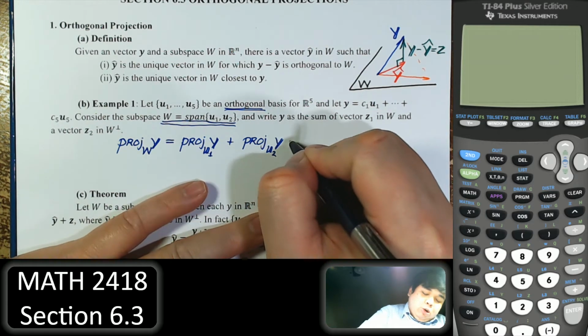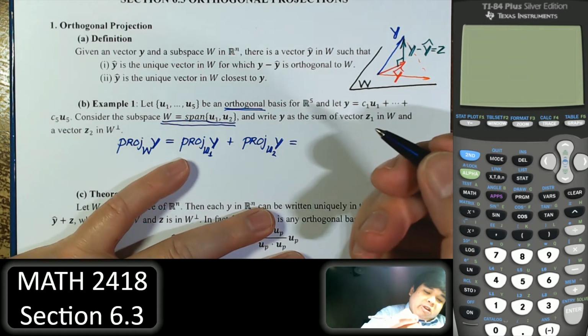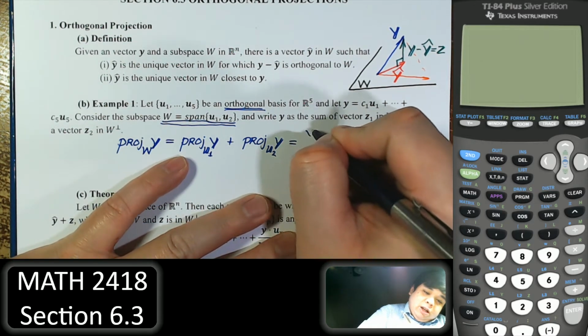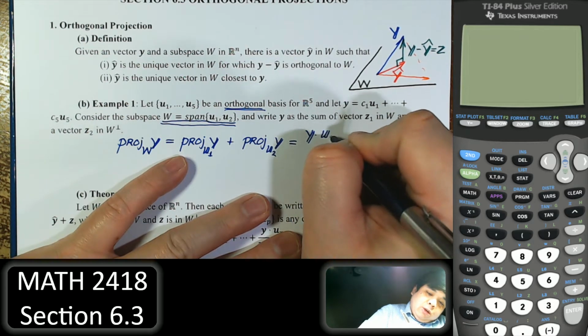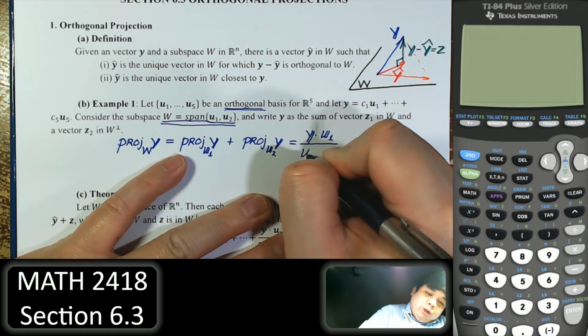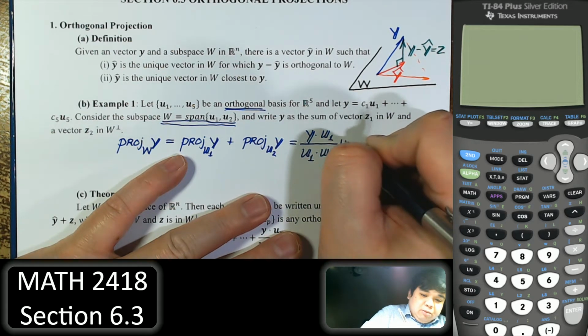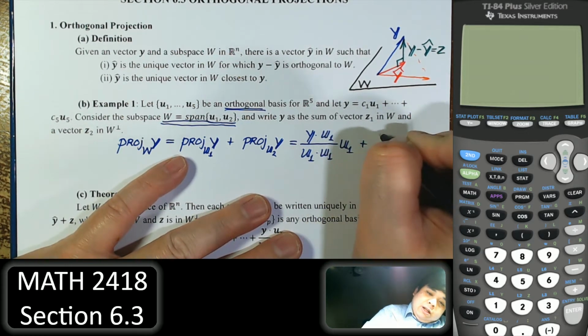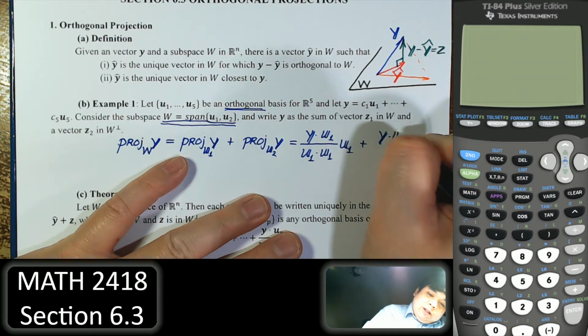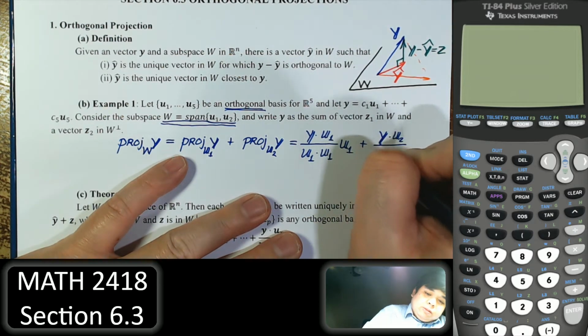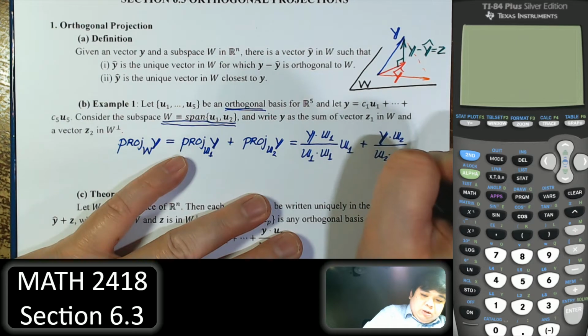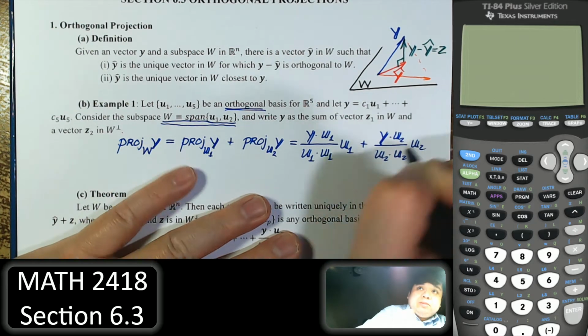And the orthogonal projection from the previous section is y dot u1 over u1 dot u1 times u1, plus y dot u2 over u2 dot u2 times u2.